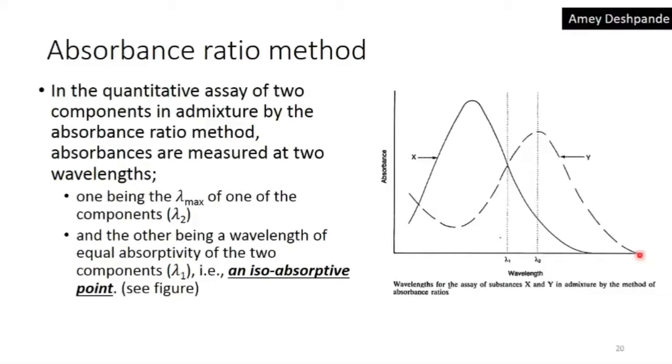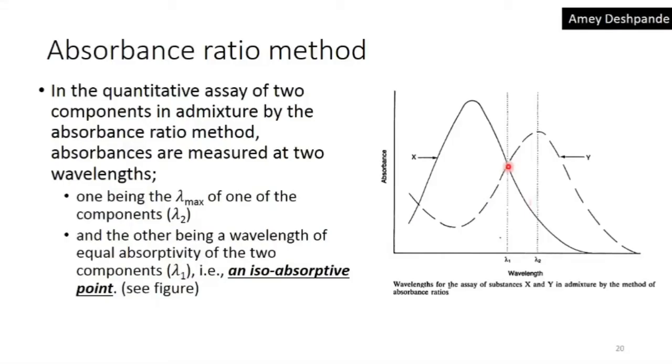Although this particular graph is absorbance versus wavelength, that is absorbance on the y-axis and wavelength on the x-axis, the graph of absorptivity will be pretty much similar, and there will be a point at which both the absorptivities are matching. Remember what I'm saying: absorptivities of X and Y are matching. That is, absorptivity of X at lambda 1 is equal to absorptivity of Y at lambda 1.